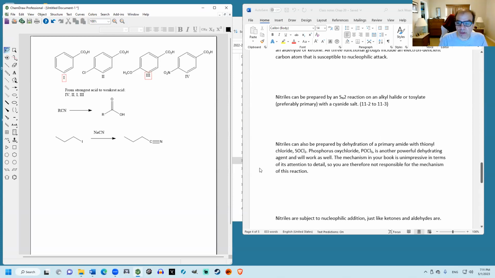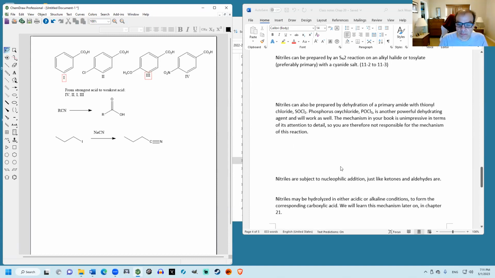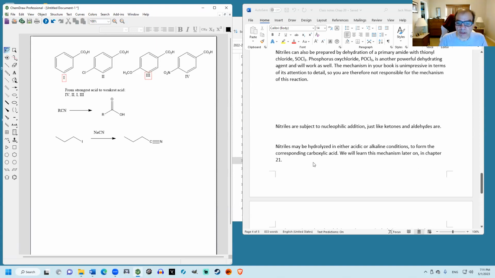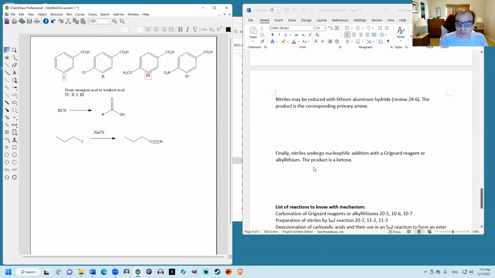Or dehydration of a primary amide with thionyl chloride or phosphorus oxychloride. It specifically says you're not responsible for that mechanism. And here we have hydrolysis of nitriles. We don't really cover that completely until chapter 24.